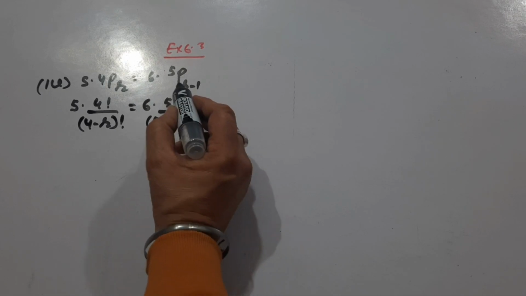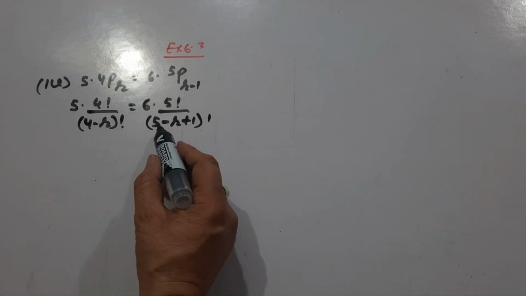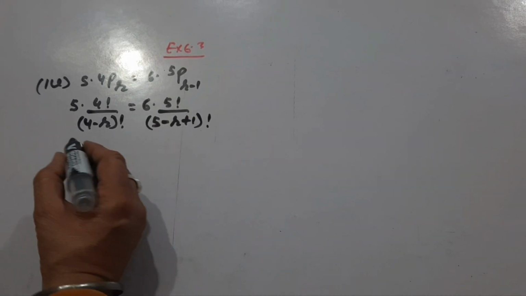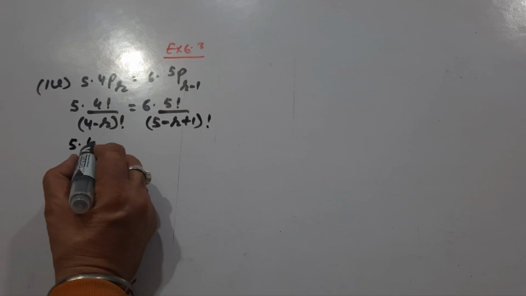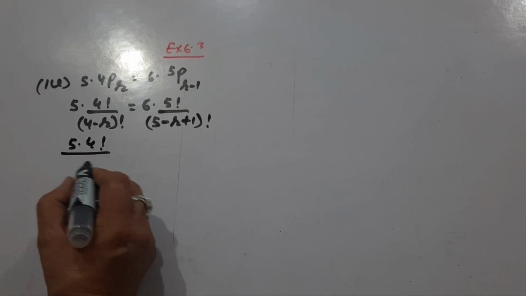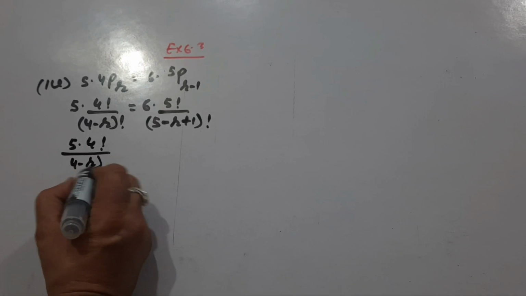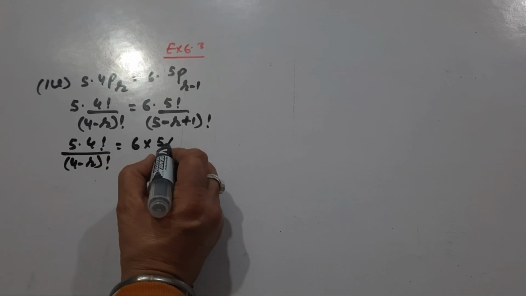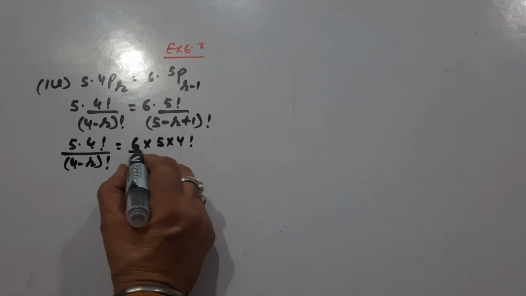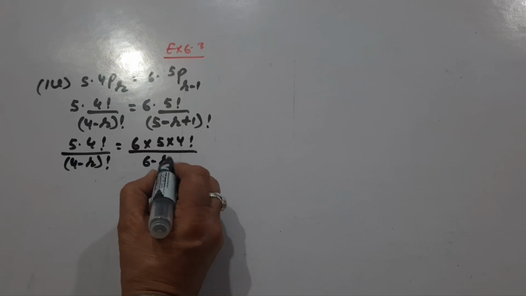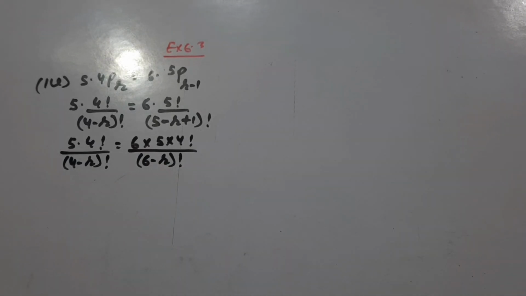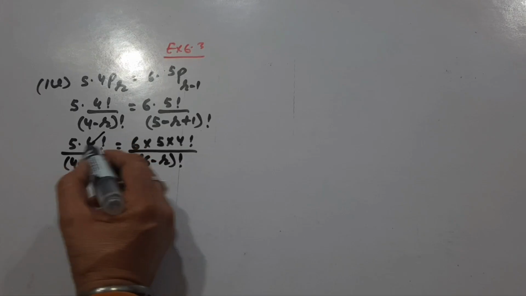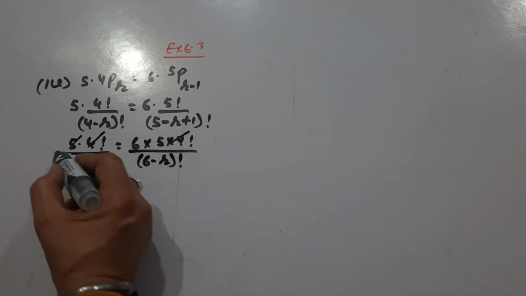because here we have n minus r. So we write 5 minus r plus 1 factorial. So here we get 5 into 4 factorial upon 4 minus r factorial equal to 6, writing 5 as 5 into 4 factorial, upon 6 minus r factorial. So cancel 4 factorial with 4 factorial, and 5 with 5.